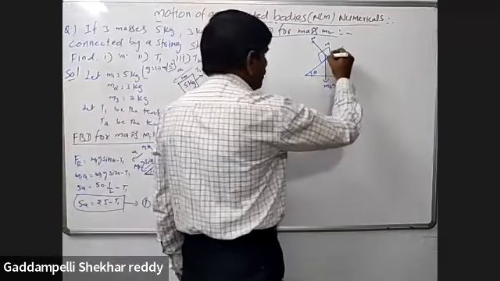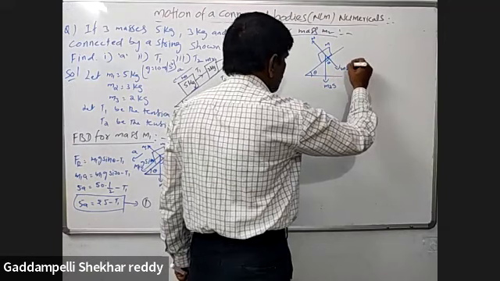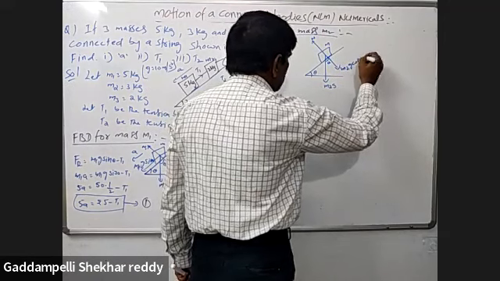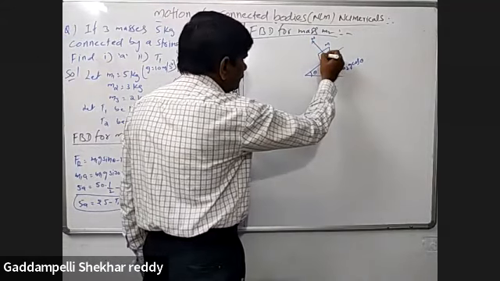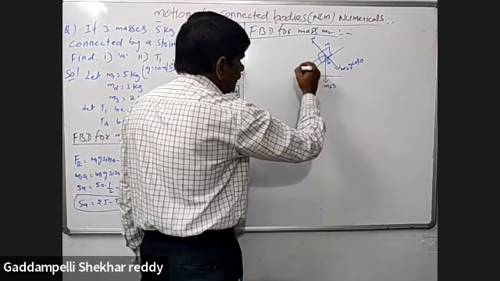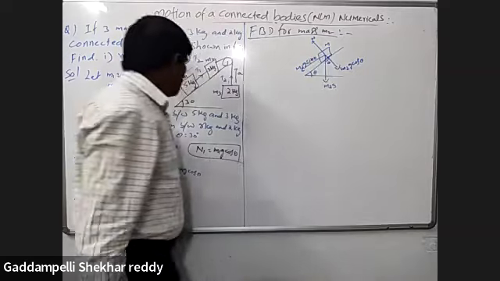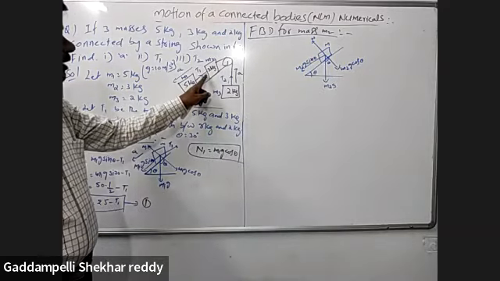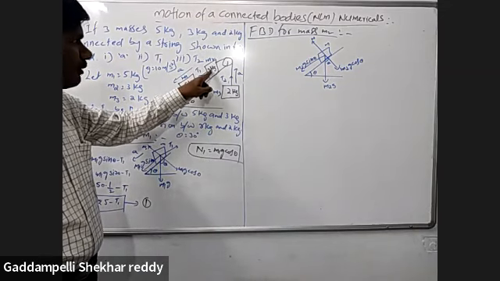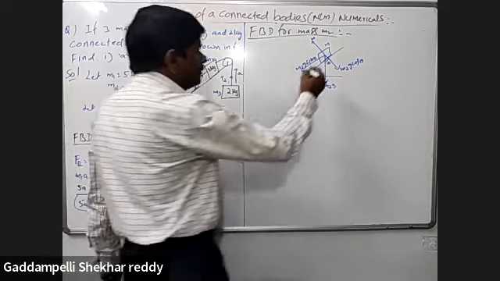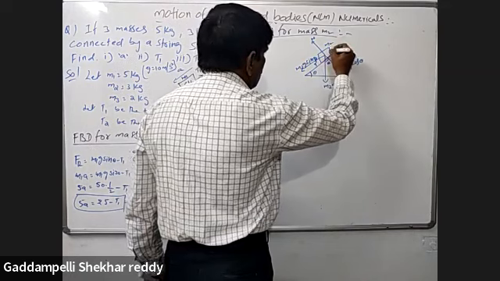So your weight can be resolved into components: M2G cos theta equal to normal, and M2G sin theta. At the same time, T1 with respect to the 5 kg is in the upward direction, and T1 with respect to the 3 kg is in the downward direction, and that will be a tensional force also. T1.